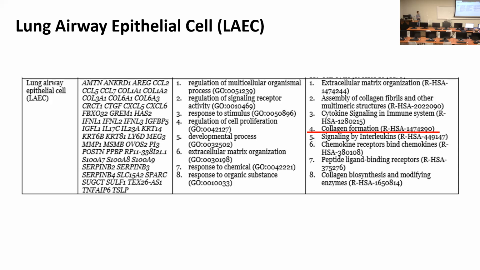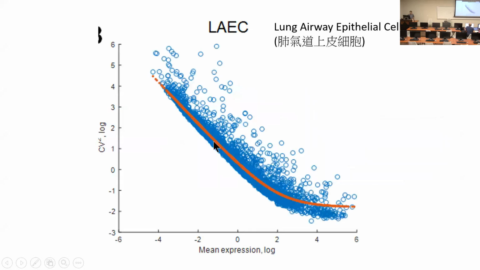And if you look at the function of these, they include cell proliferation, development, extracellular matrix organization, collagen formation. Those are cell functions that specifically define or are associated with lung epithelium cells, right?